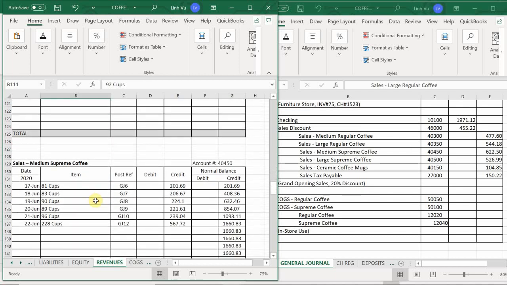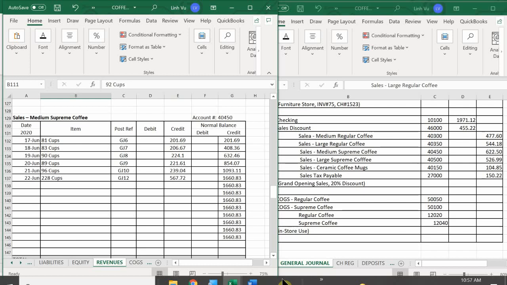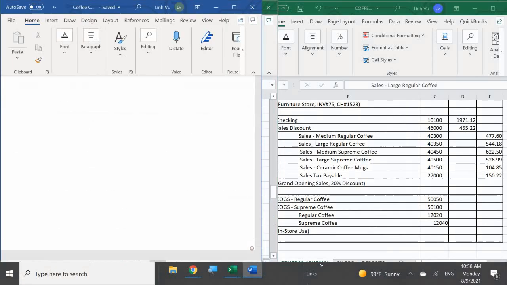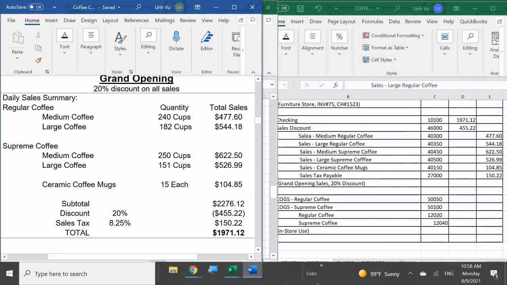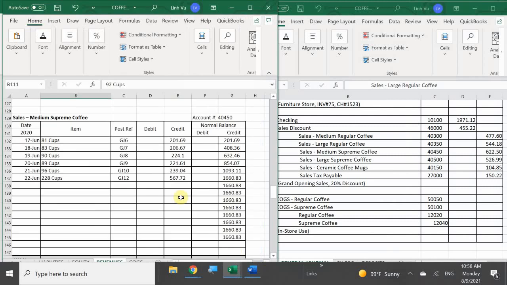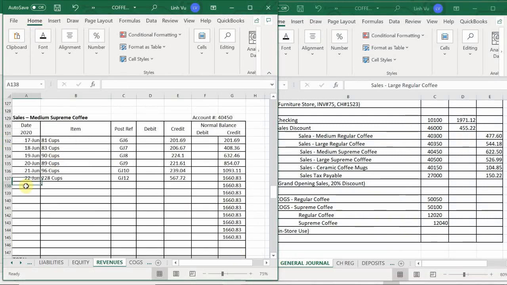Then we have our medium supreme coffee, which we sold a total of 250 cups. Still on General Journal number 12.